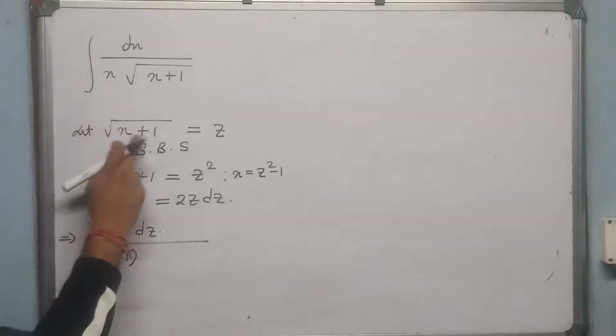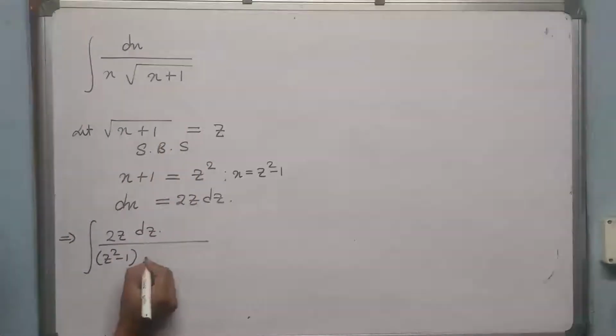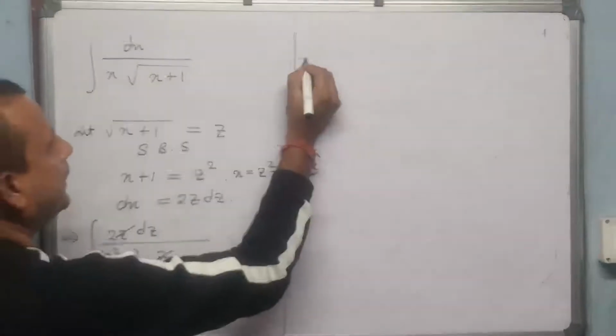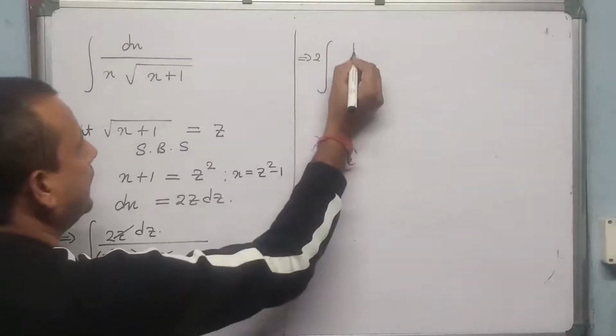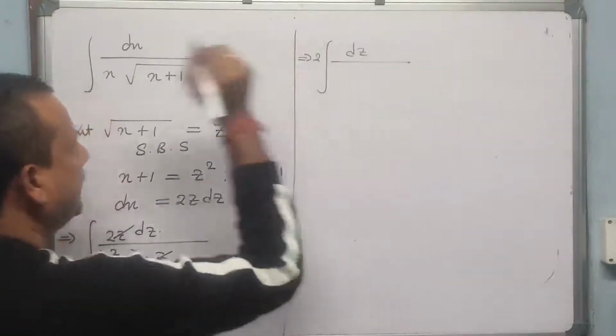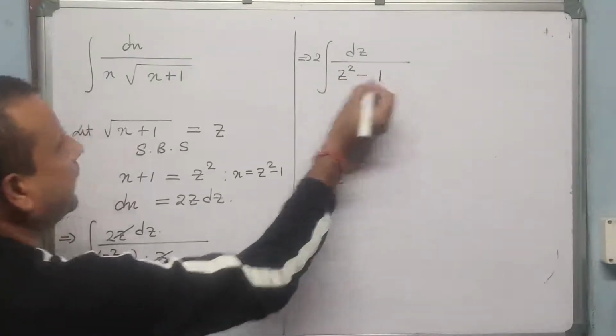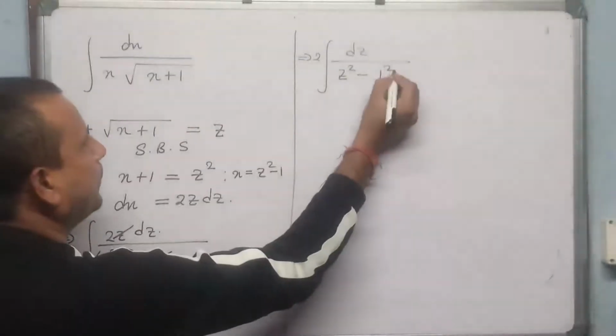Then under root x plus 1 equals z. These two quantities get cancelled. Now the 2 is a constant, I'll write it outside the integral: 2 dz over z square minus 1. Now we can square this quantity: 1 square is 1.